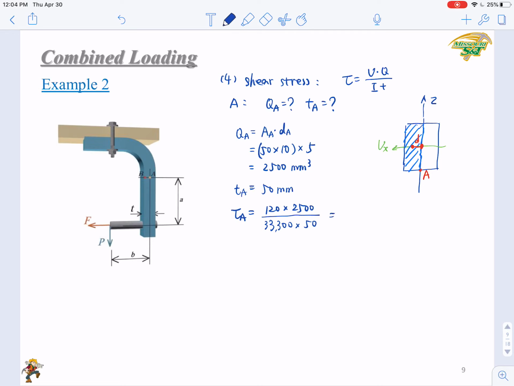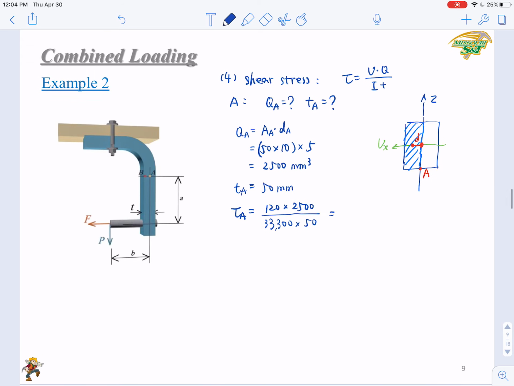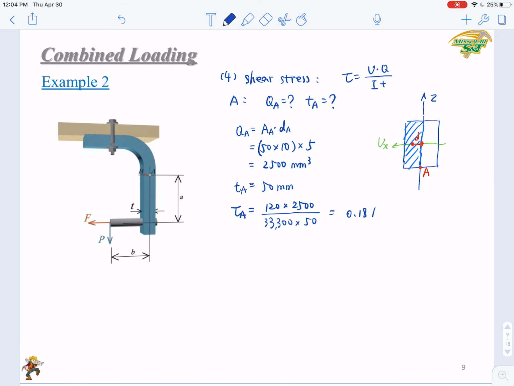Here we get 0.18 MPa. This one is important, to identify the correct t for this equation. This is the shear stress at point A.